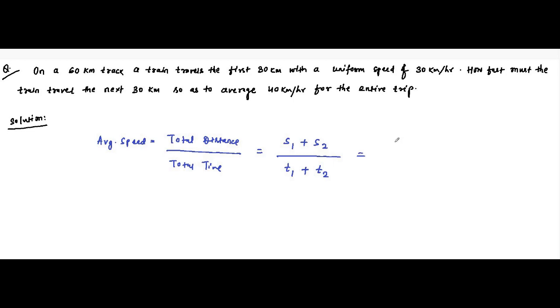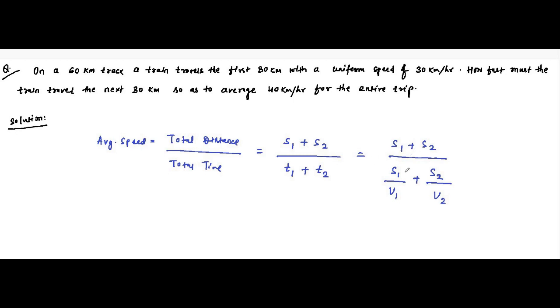Or we can rewrite it as S1 plus S2 by time T1, which is distance S1 by speed V1 in the first phase, plus distance S2 divided by speed V2. It is speed, not velocity, because it has not been given whether the track is straight or not, so displacement doesn't come into play.